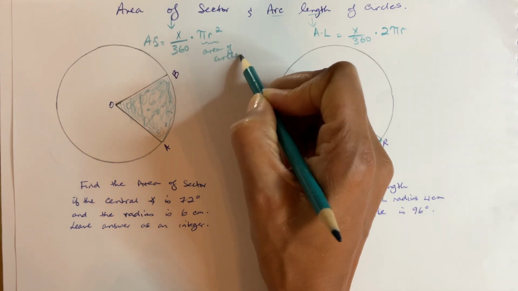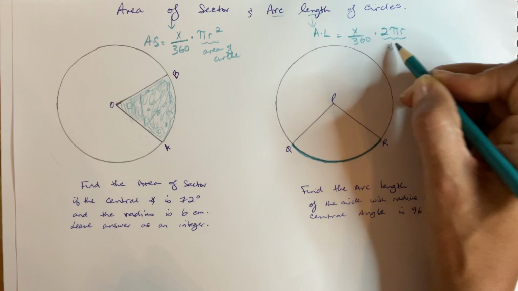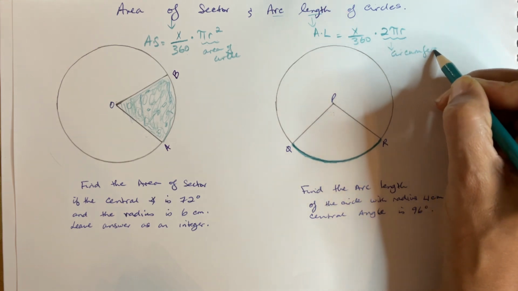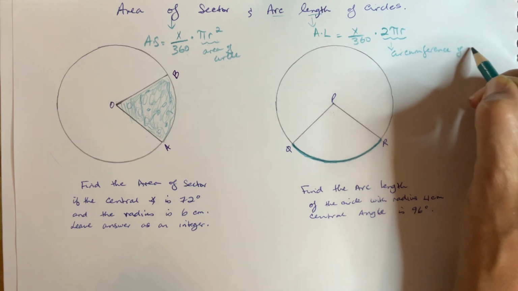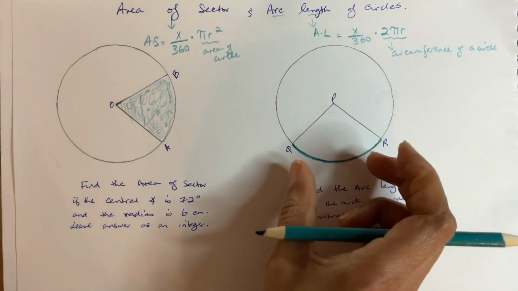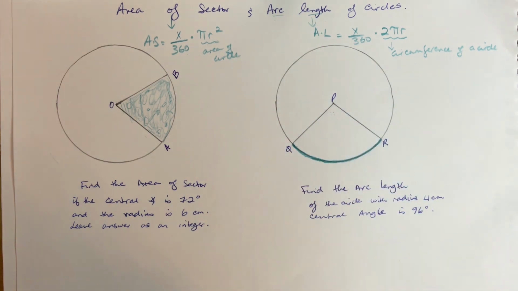And this we should be able to identify as the circumference of a circle. So you're taking a little piece of that circumference of the circle, and that's what we call the arc length.